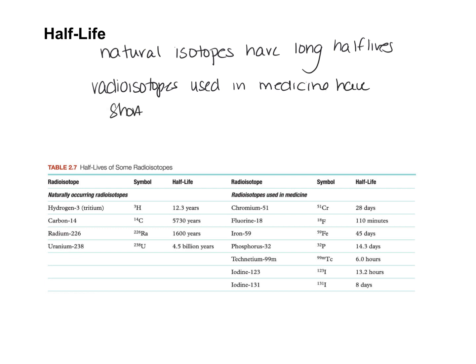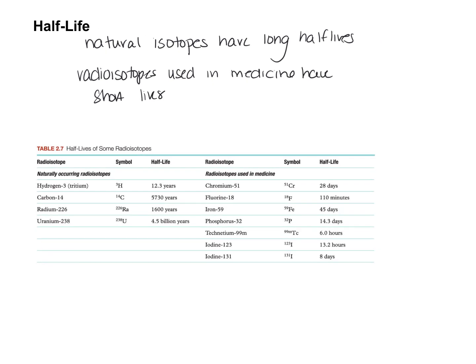We don't want that stuff hanging around very long, right? And so some examples here. Tritium has a half-life of 12.3 years. Carbon-14, that's used for carbon dating, has a half-life of 5,730 years. Radium-226 has 1,600 years. Uranium-238, that's used to date the age of the Earth, has a half-life of 4.5 billion years.